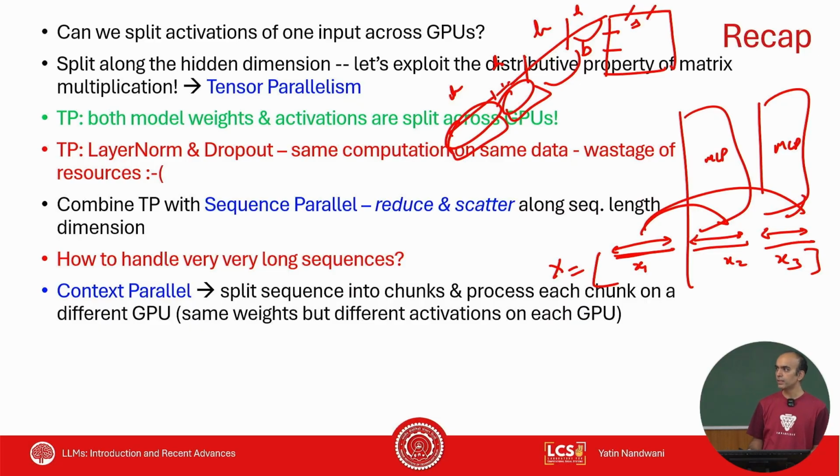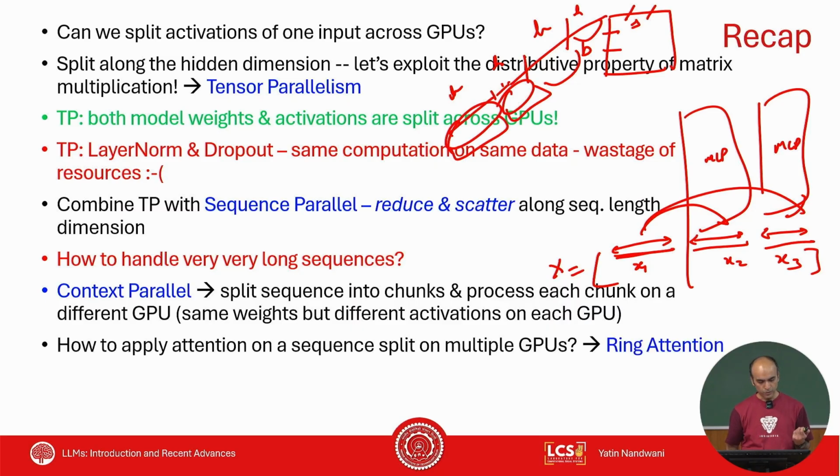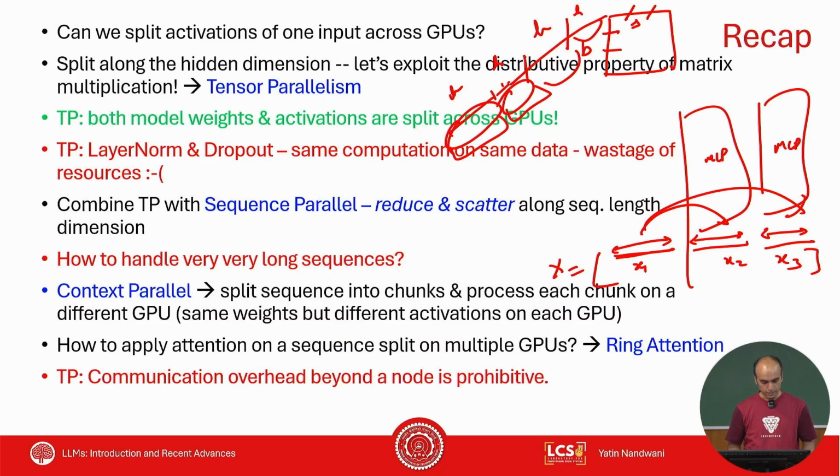To address that, we studied ring attention, which was similar to the block attention that we looked at today as well. So to handle the attention which is split on multiple GPUs, we looked at ring attention, and here we observed that the communication overhead beyond a node was prohibitive.